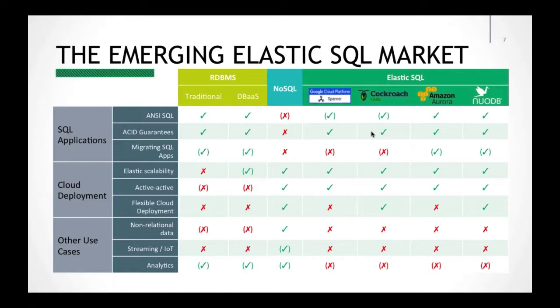And then if we look at the Elastic SQL market, you've got Google Cloud Spanner, Cockroach, Amazon Aurora Multi-Master, and then NuoDB. Each one of these has a slightly different architecture, so they're not exactly the same in their capabilities, but generally they provide the ability to elastically scale out your database and to take an existing SQL application and migrate it.